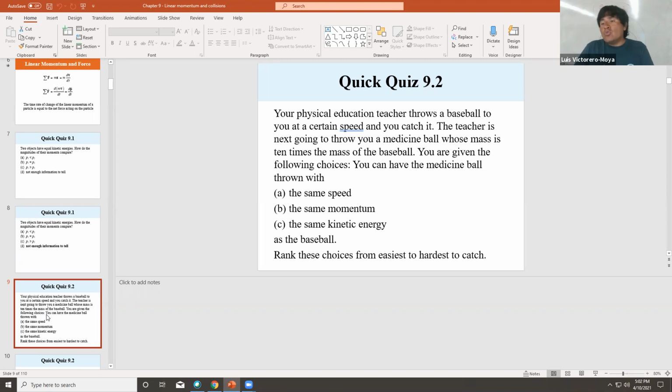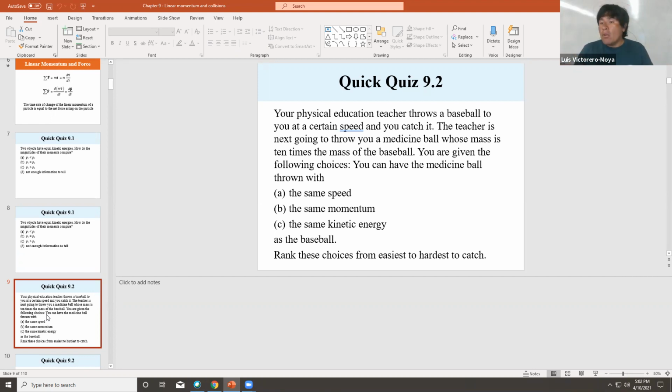With the same momentum, I mean, if you have a baseball, let's suppose, 2 to 3 kilograms, and you throw it with 10 meters per second, that would be 30 kilogram meters per second of momentum.